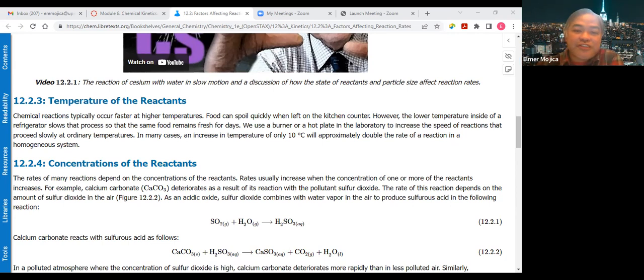So ito yung rate law. Meron kang rate constant at meron kang number na to. And this X and Y, it doesn't have to do with the coefficient. You have to experimentally determine them. Yan yung tinatawag nating reaction order.